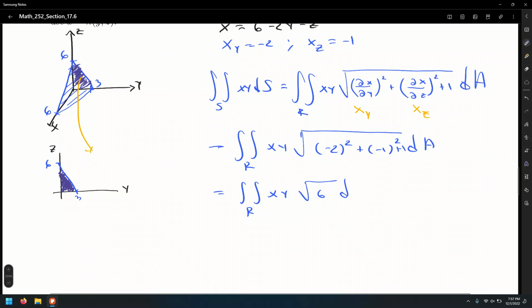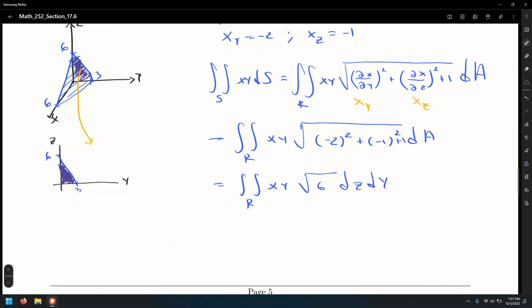Notice dA usually was dy dx. However, we're not working with functions of y and x this time; we're working with functions of y and z. So in this case, I'm going to go in the order dz dy. But do you notice anything weird in the integral? There's an x in here.